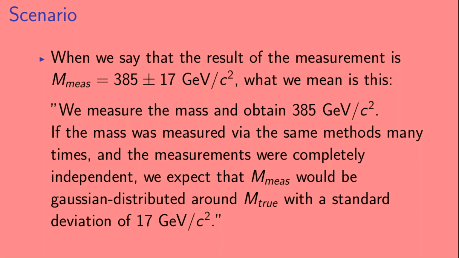We measure the mass and obtain 385 GeV/c². If the mass was measured via the same methods many times, and the measurements were completely independent, we expect that m measured would be Gaussian distributed around m true with a standard deviation of 17 GeV/c².